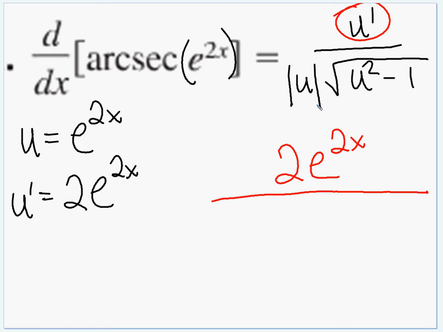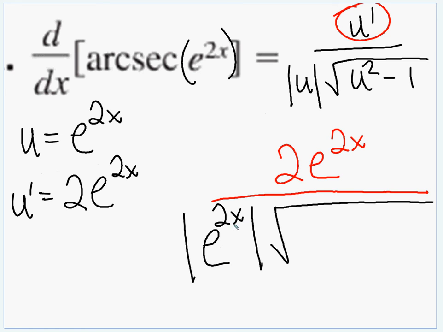Out front of our radical down here, we have an absolute value of u, so that's just the e to the 2x before we derived it. Now underneath the radical is a u squared minus 1, and the u value we're plugging in is e to the 2x.